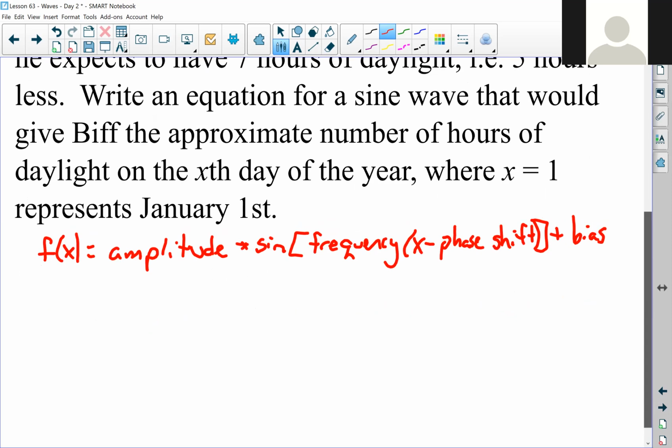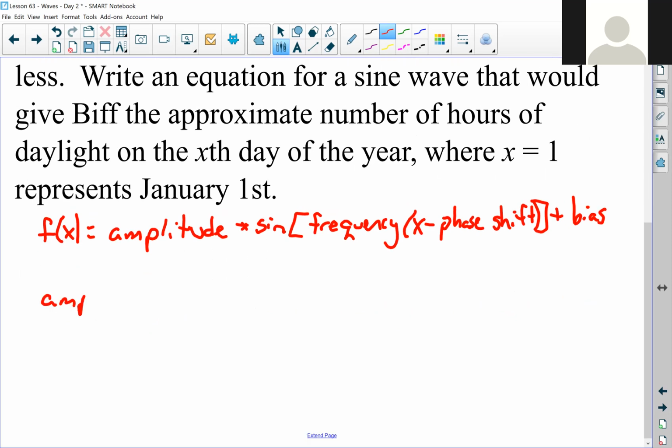So the amplitude is always going to be the maximum minus the minimum divided by 2.